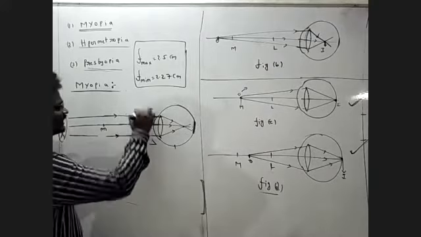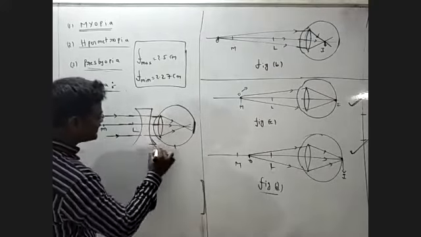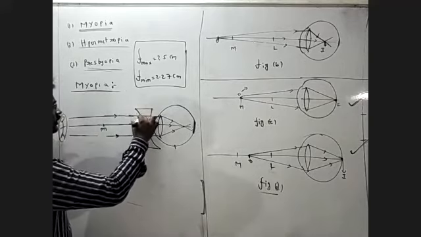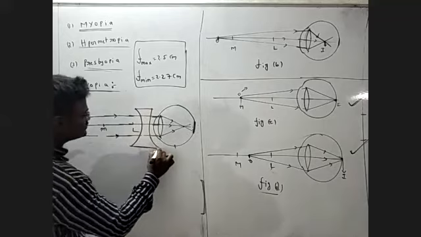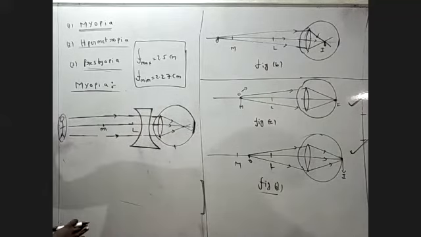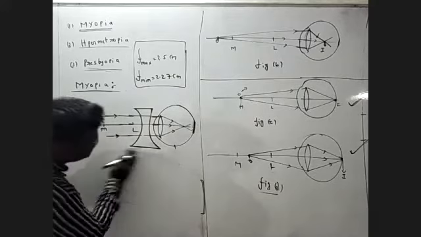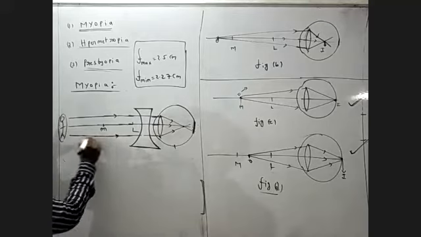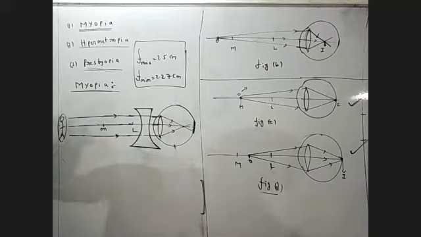So I'm using the lens. This is the lens. What type of lens am I using? This is a double concave lens. This is a concave lens. So I'm using it now. What will happen in this situation?